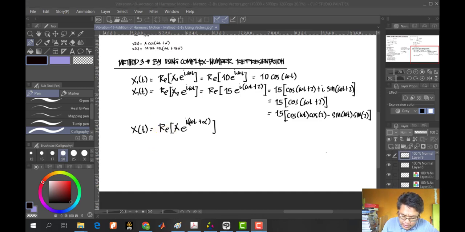Now to get the value of the amplitude, we use the complex number relation, the square root.